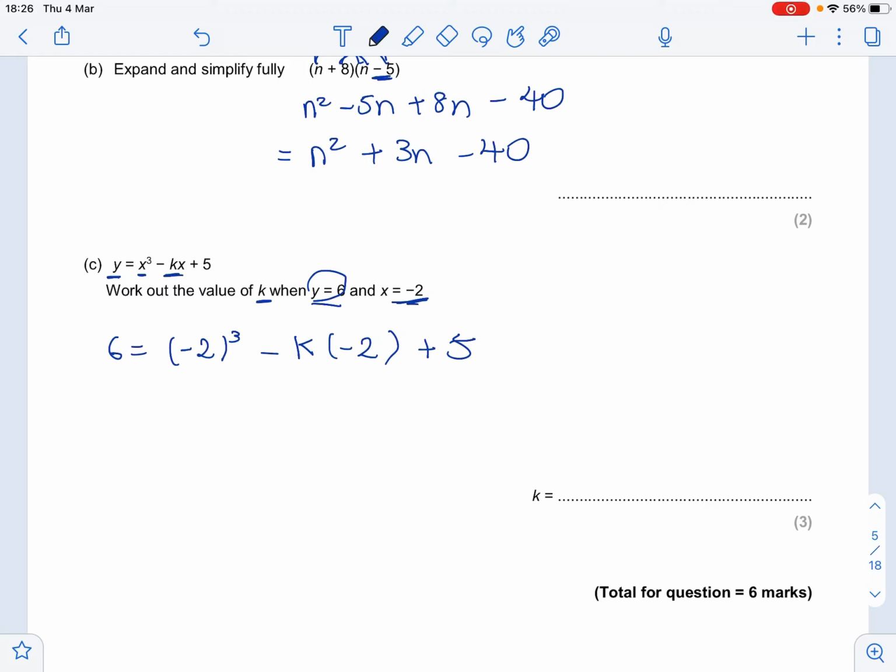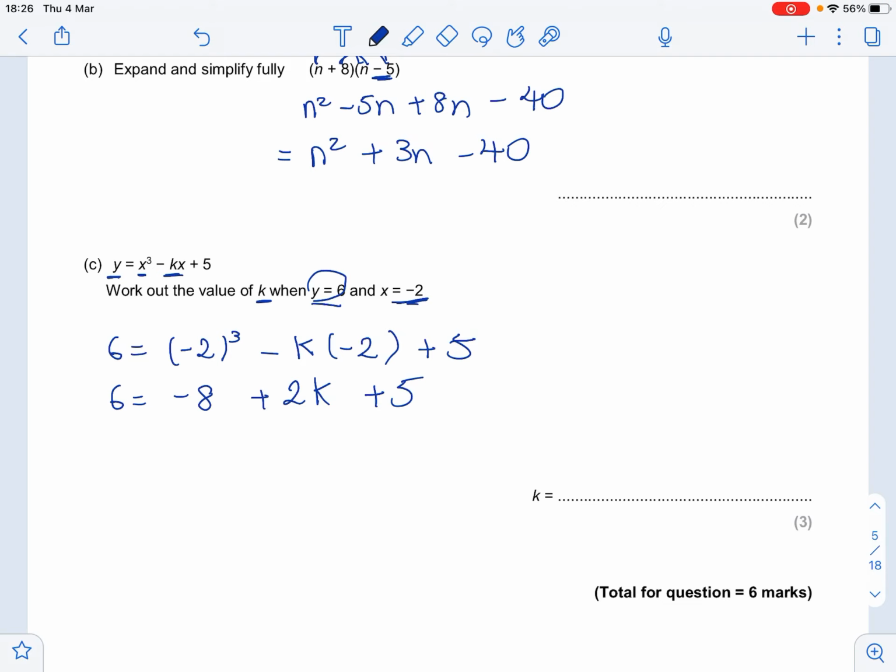So we just want to do our calculation. Typing into your calculator, minus 2 cubed is minus 8, minus k times minus 2 becomes a plus, since 2 negatives multiplied together give you a plus, 2k, plus 5.